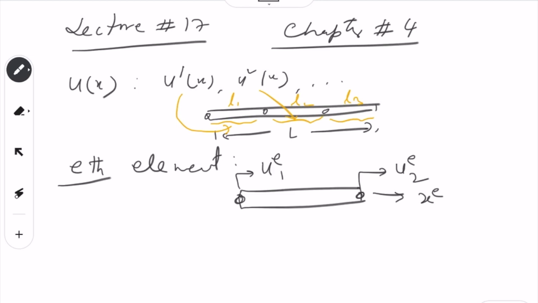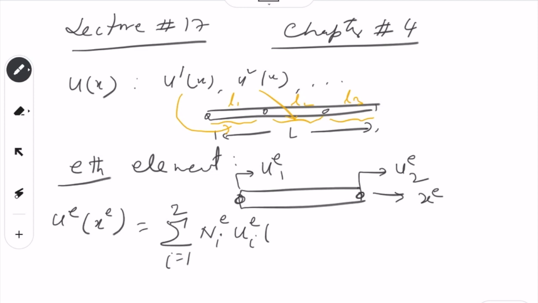Hence we can write u within this element as a function of xe equal to the summation of i equal to 1 to 2 of N_i^e times u_i, which is a function of xe.